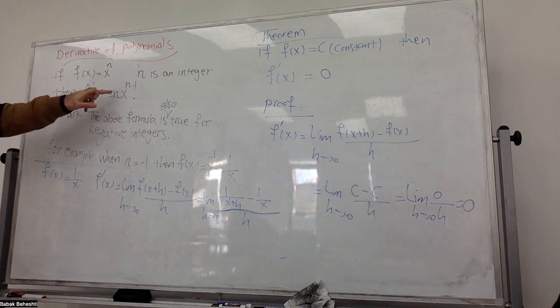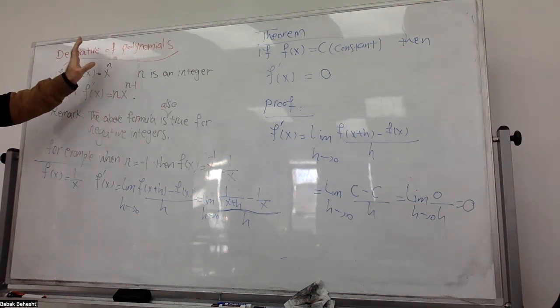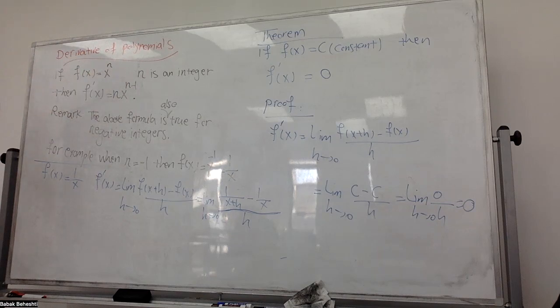So f prime of x would be 0 times whatever, so it's 0. So this formula is even true when n is 0, because when n is 0, you have a constant function, and the derivative of a constant function is 0. So that verifies this formula for n equal to 0.